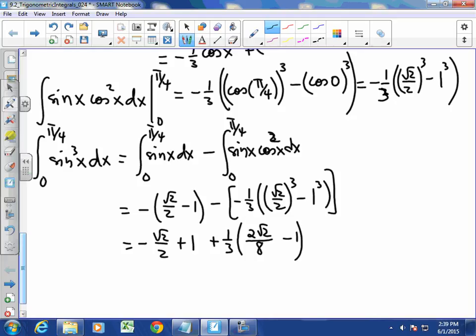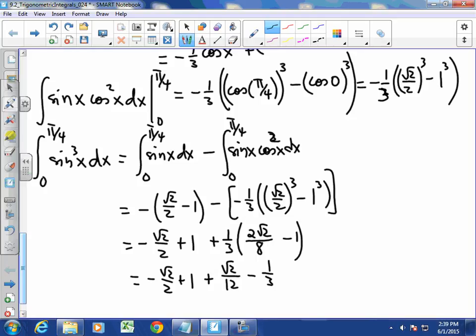If you simplify, you get negative root 2 over 2 plus 1, and 1 over 3 times root 2 over 4, that means root 2 over 12, minus 1 over 3.